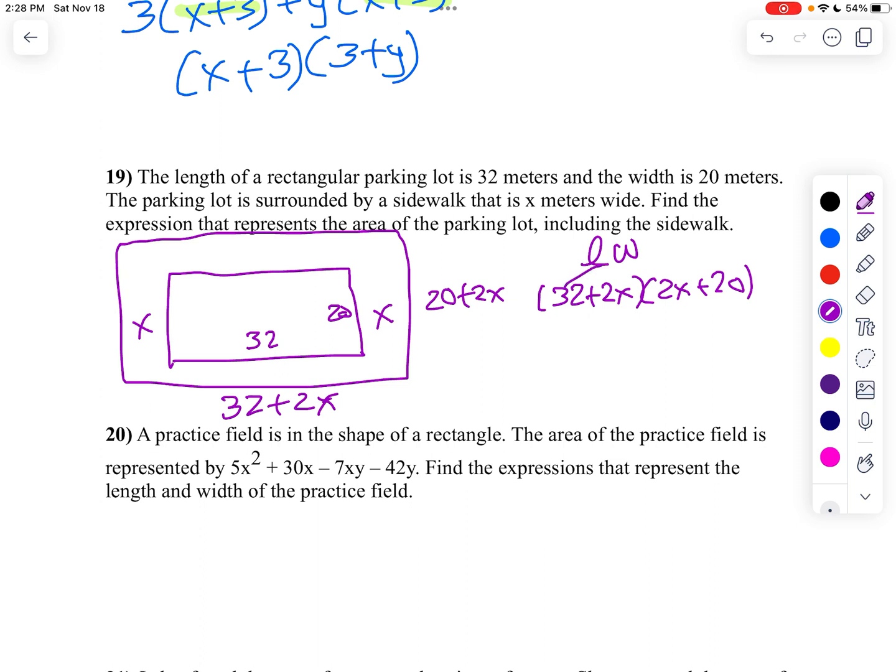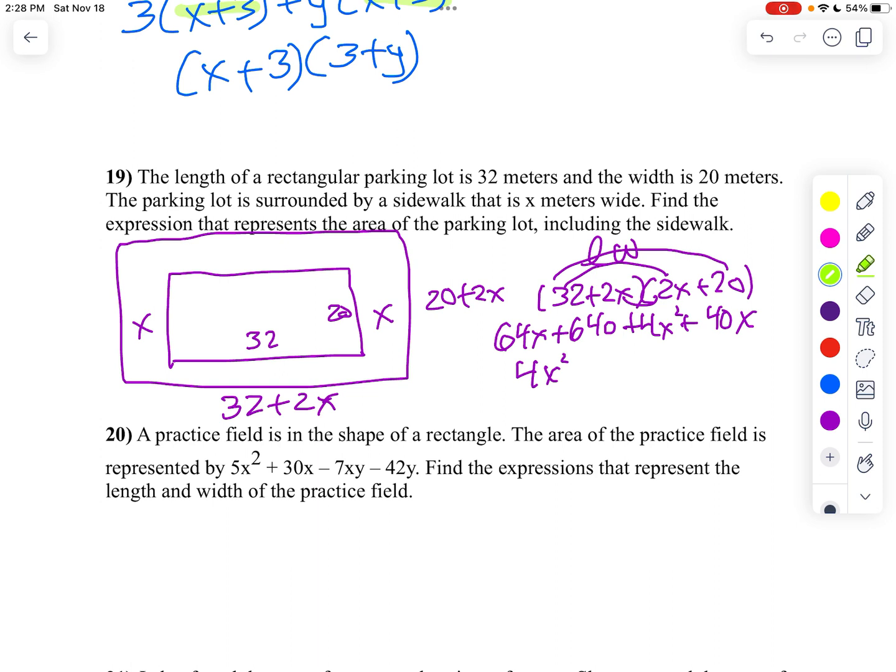So now distribute your 32 to both of them. So we get 32 times 2 is 64x. 32 times 20 is 640. Then I'll distribute my 2x, so I'll get plus 4x squared. And then plus 40x. I only have 4x squared when I write that in standard form.